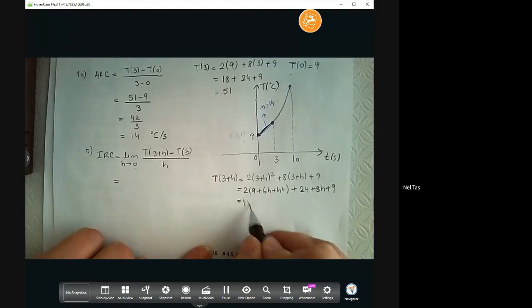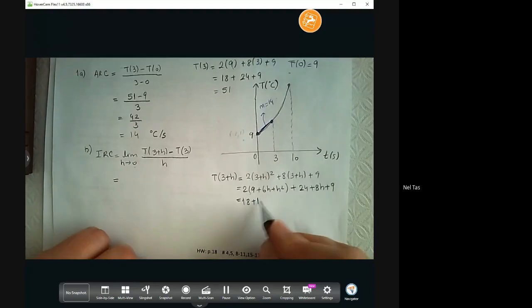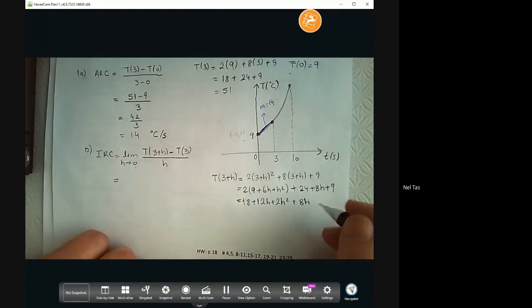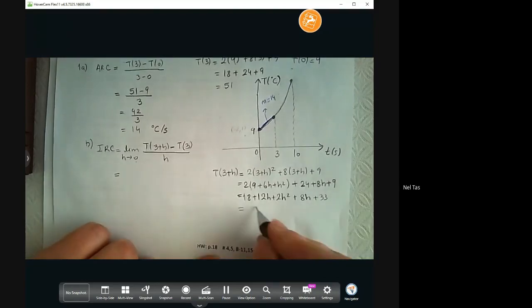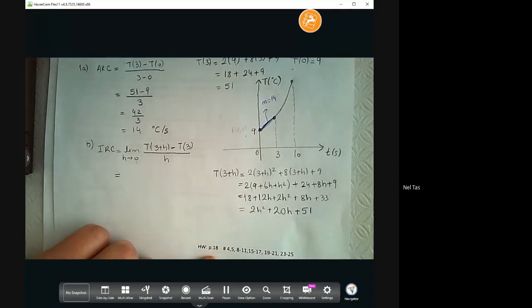Expand the bracket. 18 plus 12h plus 2h squared plus 8h, so 24 plus 9, 33. What do we have? 2h squared plus 20h plus 51.